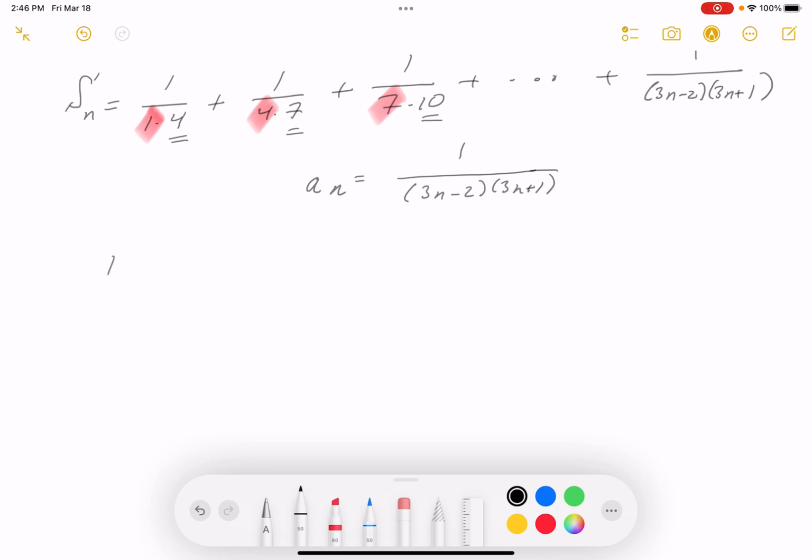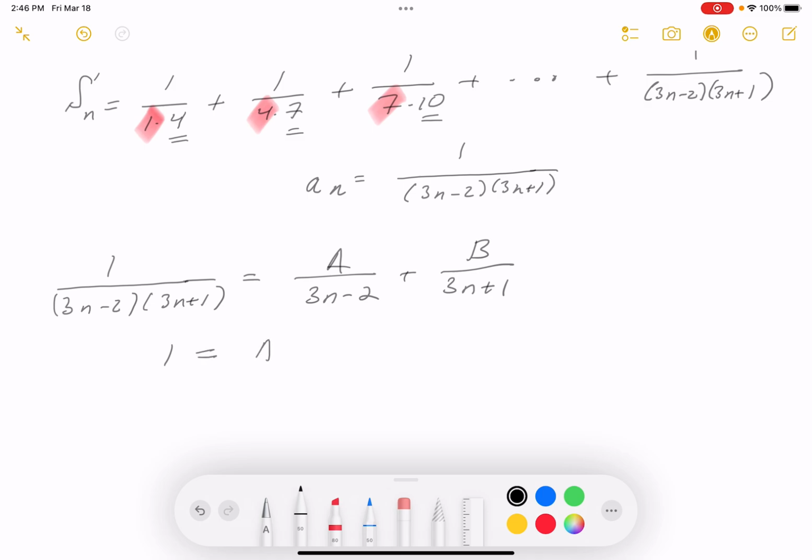I'll write that down for you. 1 over 3n minus 2 times 3n plus 1 is equal to A over 3n minus 2 plus B over 3n plus 1. Multiply both sides by the LCD, and you get 1 equals A times 3n plus 1, plus B times 3n minus 2.